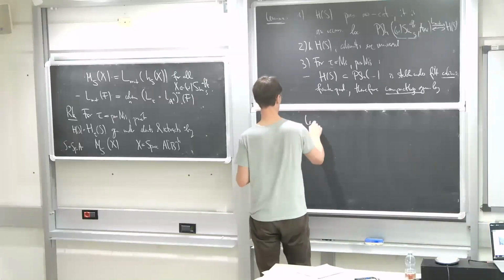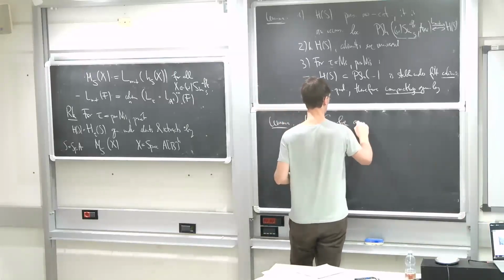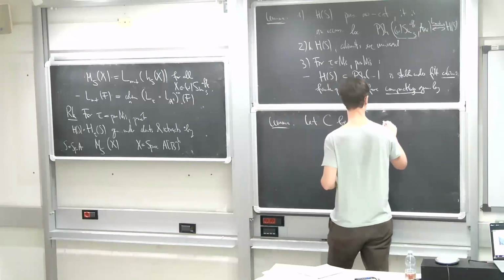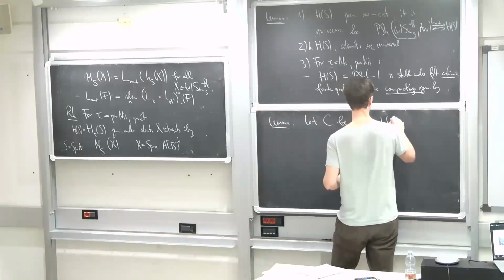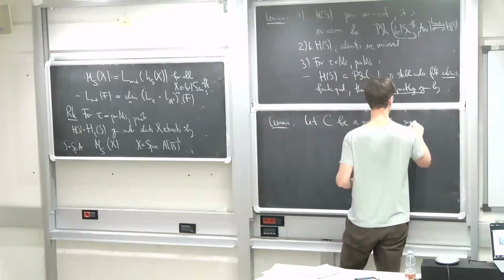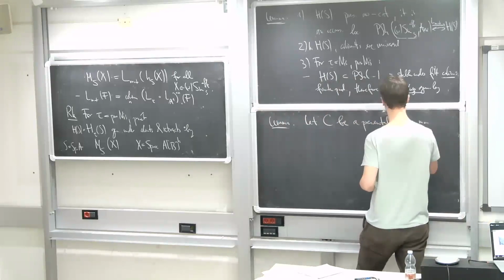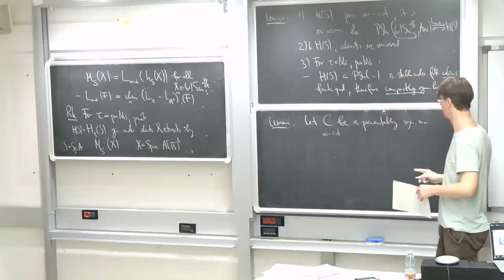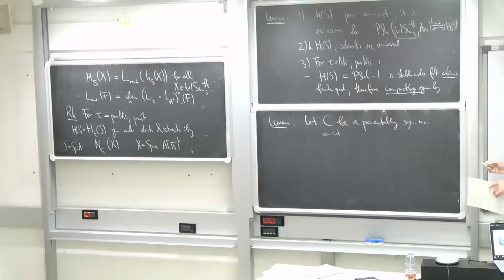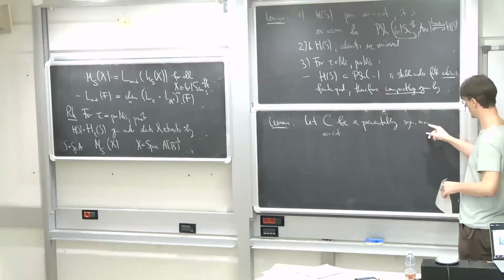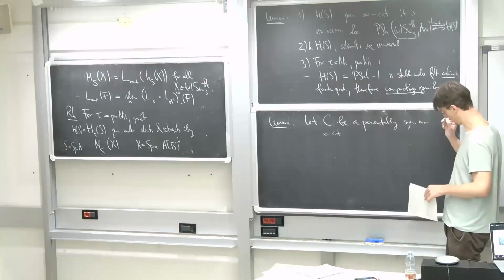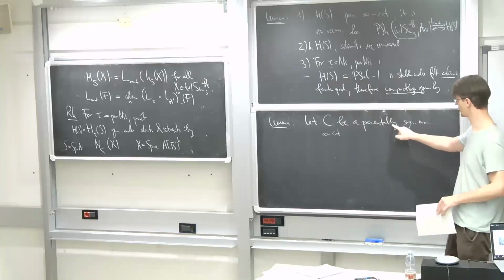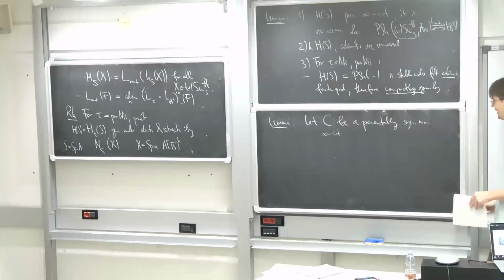Let C be a presentably symmetric monoidal infinity category. Presentably means it is presentable, but on top of that it's also symmetric monoidal, and the tensor product should be colimit preserving. That's what this little L here encodes.